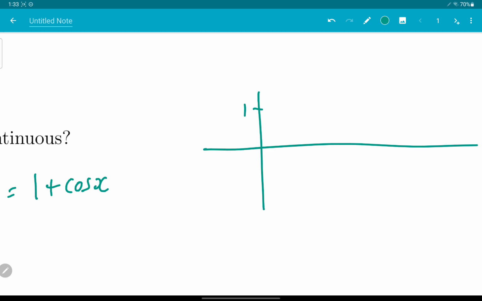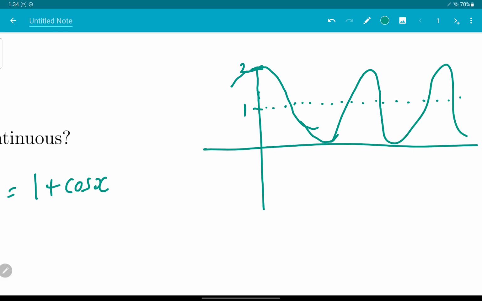So here's a 1, we'll say. And we'll need 2. So 2 is here. And now our new baseline is going like this. And the function should go all the way down, something like this, roughly speaking.